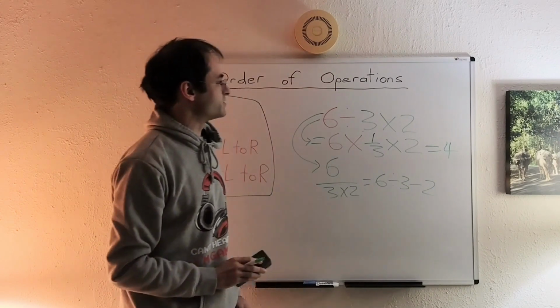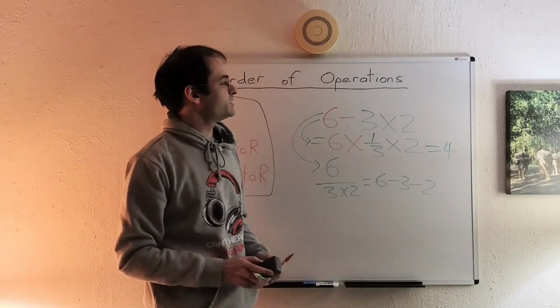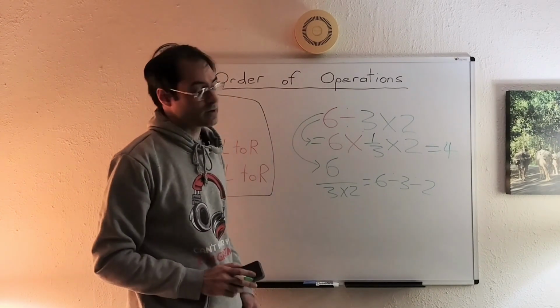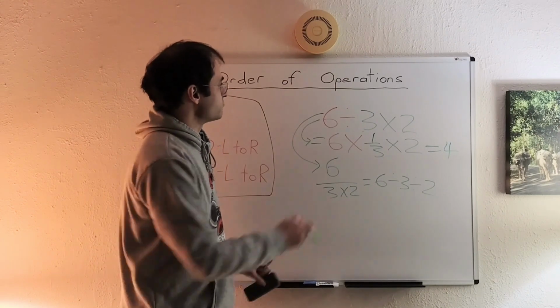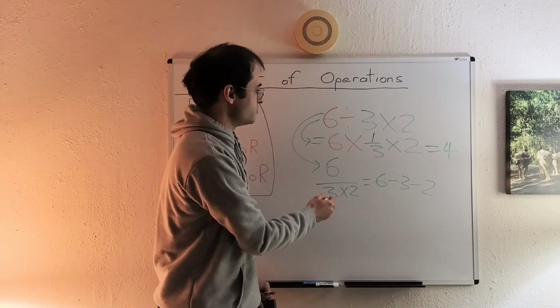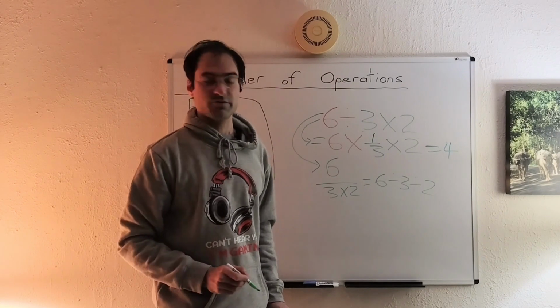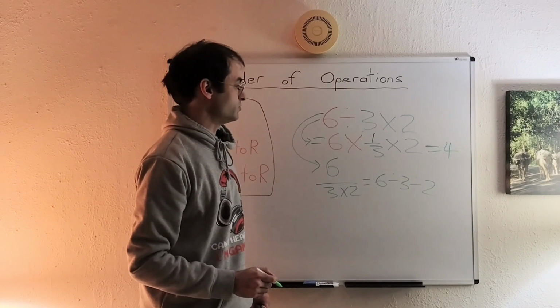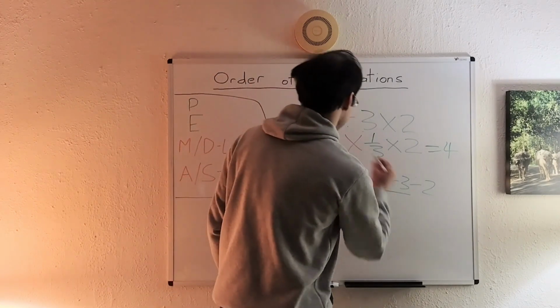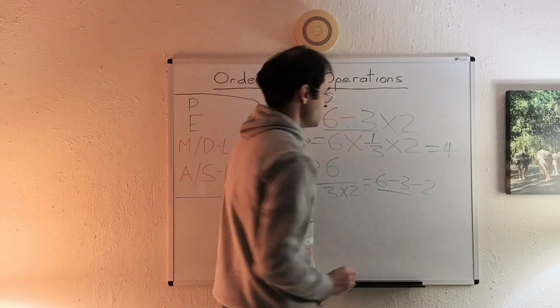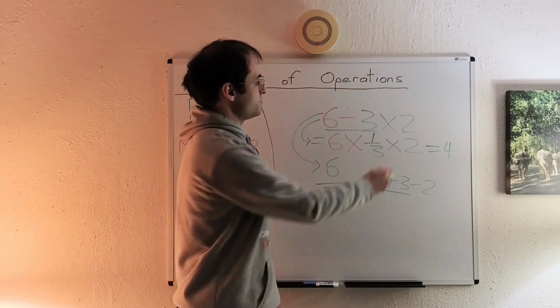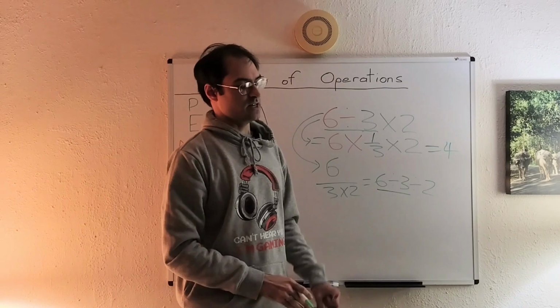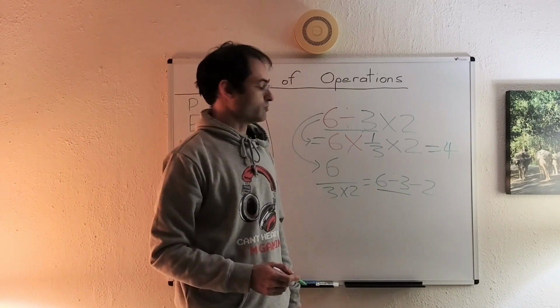Remember, those brackets aren't there. We just want to see what would happen if we didn't do things going from left to right, and we would end up with 6 divided by 3 times 2 being the same as 6 divided by 3 divided by 2. So those two components are the same, but multiplying by 2 and dividing by 2, those cannot be equivalent.